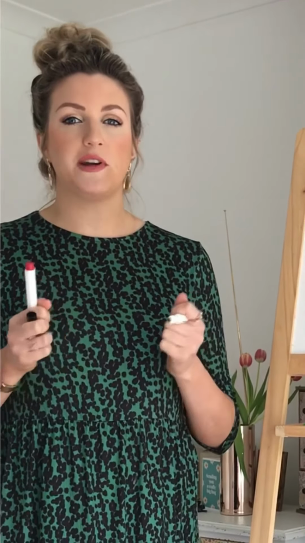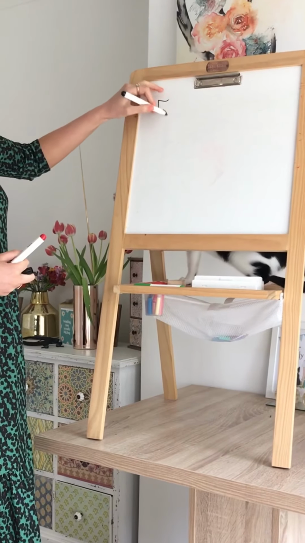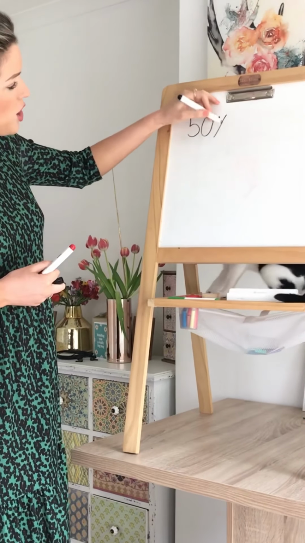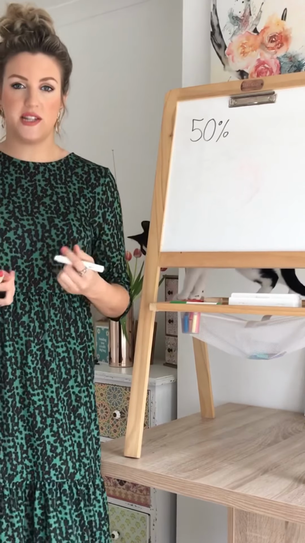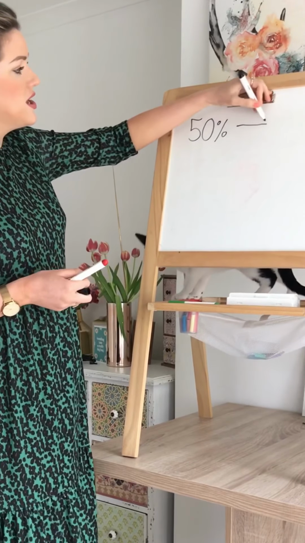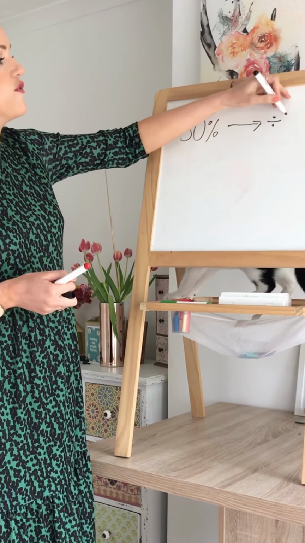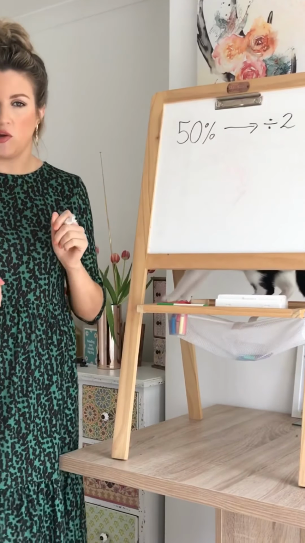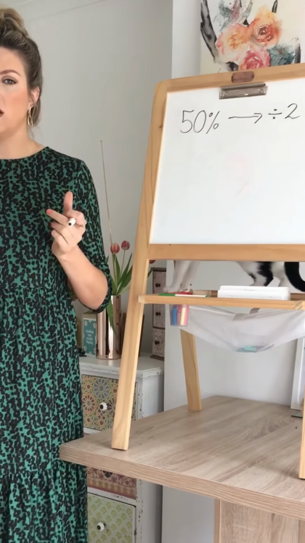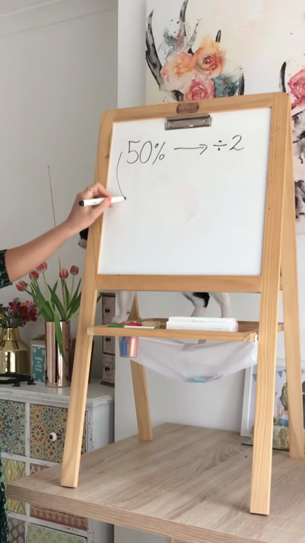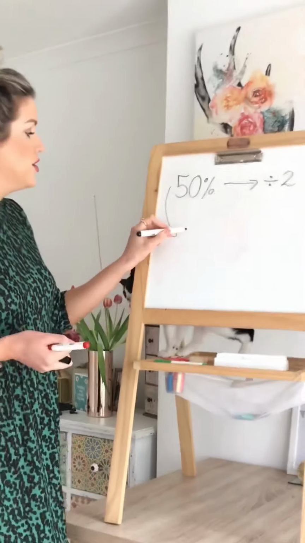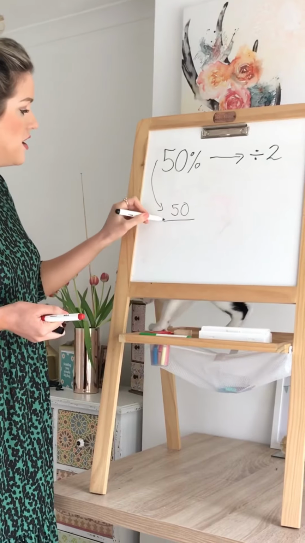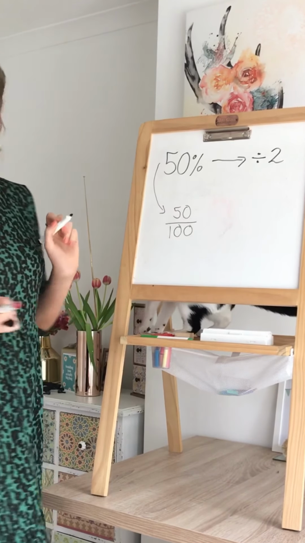And some of you might know how to do this already, but I really want you to understand why we use certain calculations to work out a percentage. So for example, some of you may already know that to find 50% of an amount is the same as finding half or dividing it by 2. But why do we do that? Well, if we write 50% as a fraction, we get 50 hundredths.